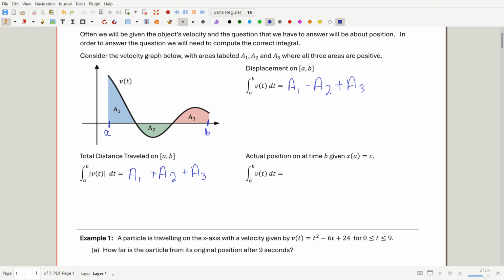I need to know where I was at time a, and I take that and add the displacement. I thought I had the word any in there. There we go. So the actual position at time b, given that x of a equals c, would be c plus a1 minus a2 plus a3.